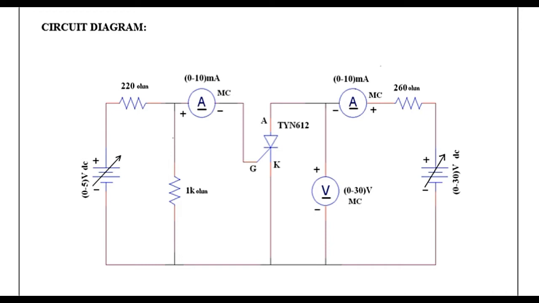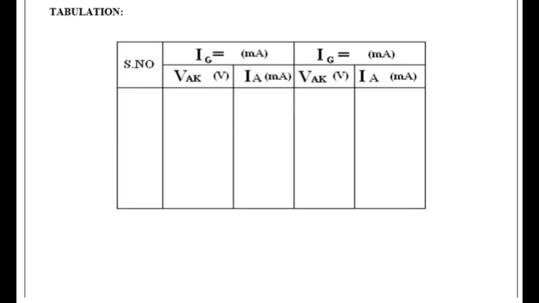With this circuit, current limiting resistors are connected to protect the SCR. This is the tabulation details for this experiment. We have to take 2 sets of readings for different values of gate current.